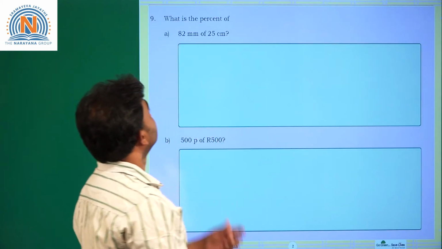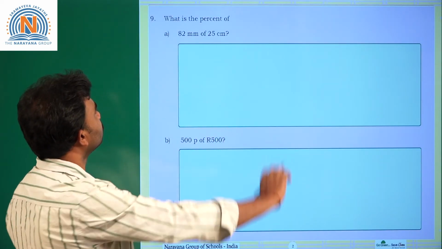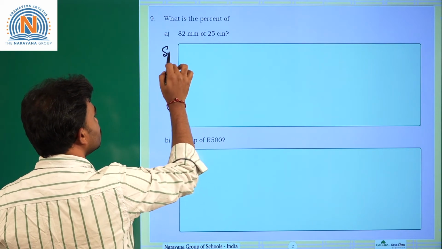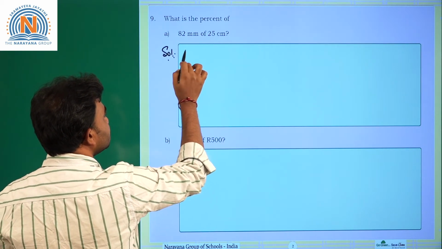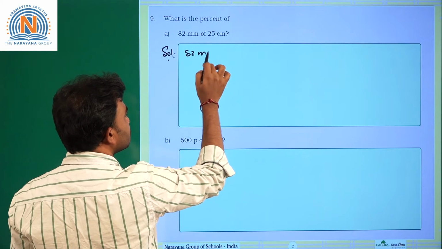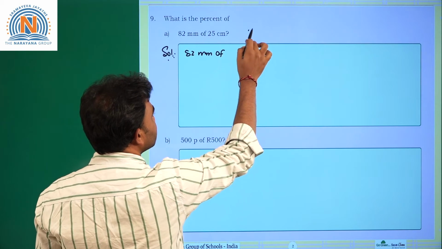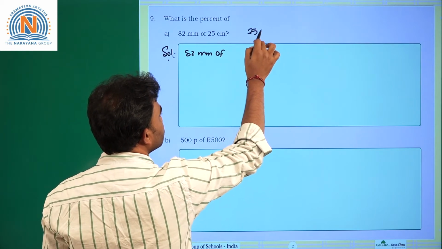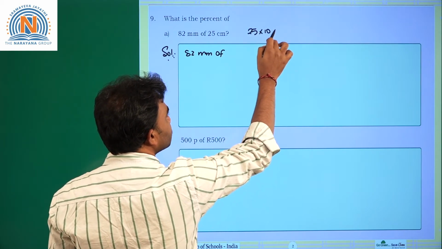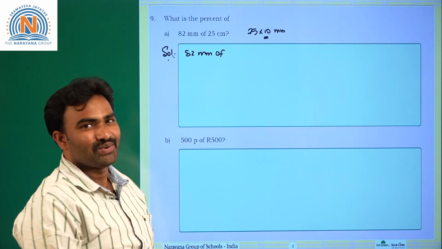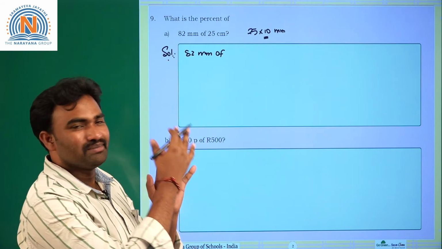Next one. What is the percent of 82 millimeters of 25 centimeters? Solution. 82 millimeters of 25 centimeters can be written as 25 into 10 millimeters. Why do I multiply with 10? To convert the centimeters into millimeters.